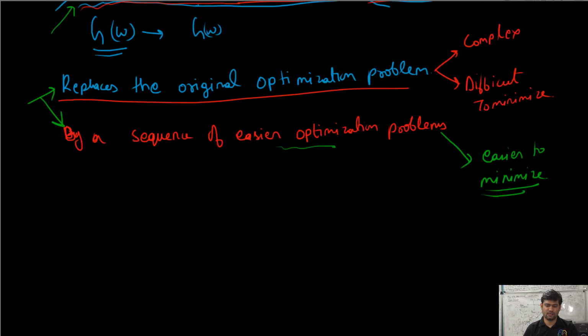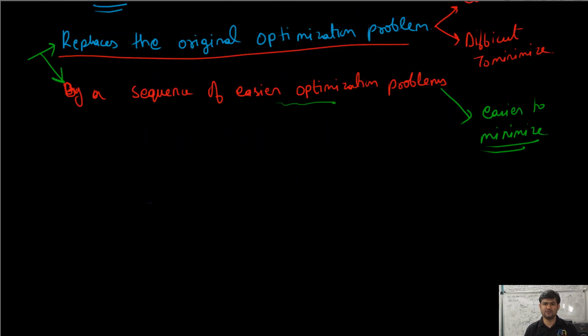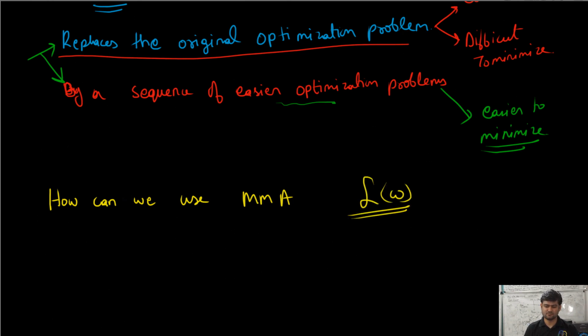So now in the next part of the lecture, we'll see what actually the majorization minimization algorithm is, and how we can use the majorization minimization algorithm to minimize our original loss function for the L1 norm regularized least square problem.